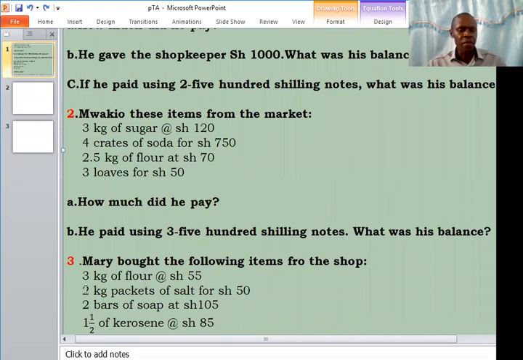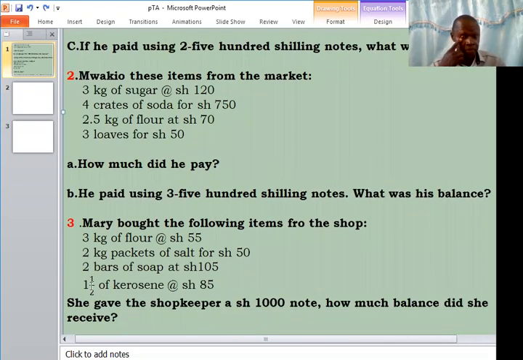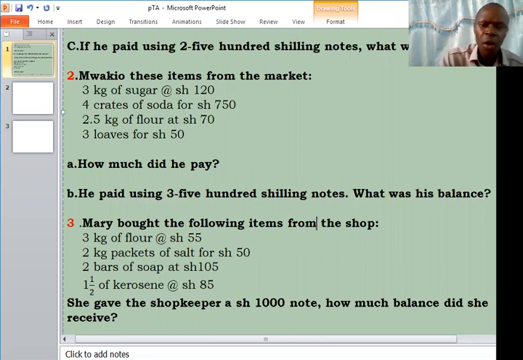Now, question 3, we have it here. It reads, Mary bought the following items from the shop. 3 kilograms of flour at 55 shillings. We have this symbol, which means at.